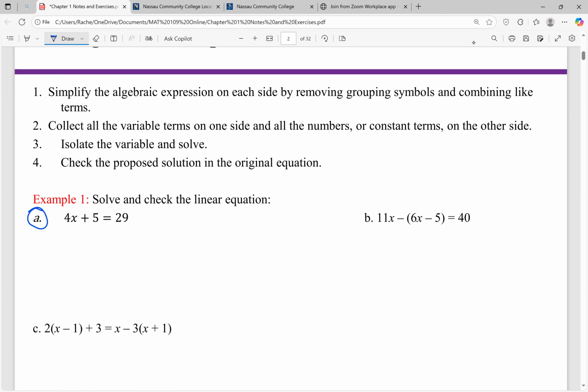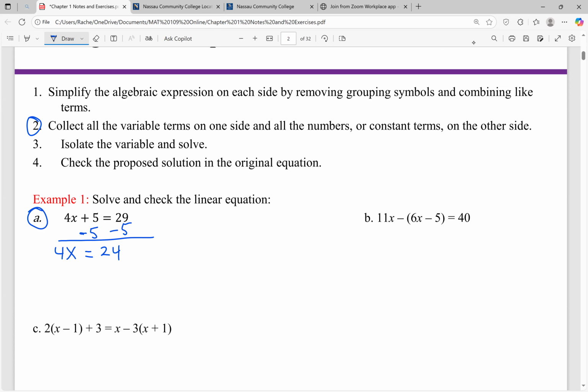So my second step would be to collect all the variable terms on one side and get all the constant terms on the other side. So in this case, I'm going to subtract 5 since 5 is a constant, and I'm going to leave the variable term on the left by itself. So we're isolating the variable term. That's the goal. So 29 minus 5 is going to be 24.